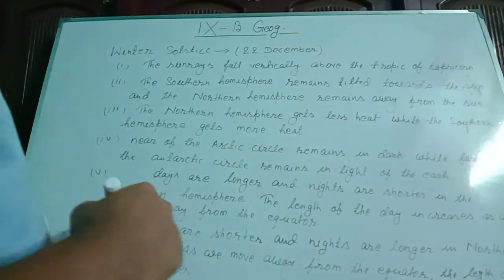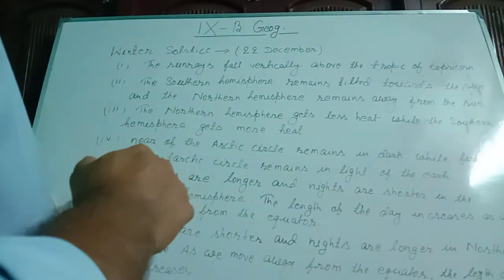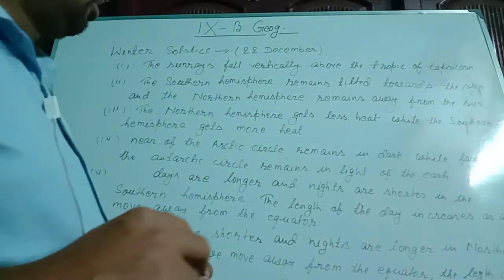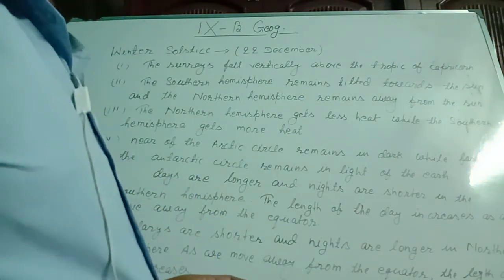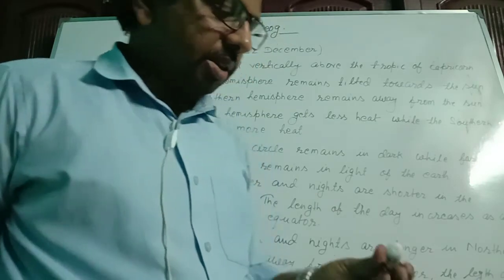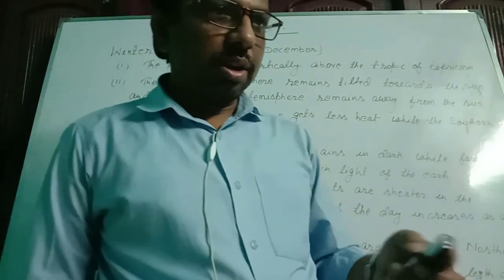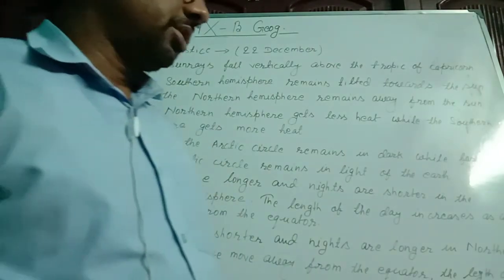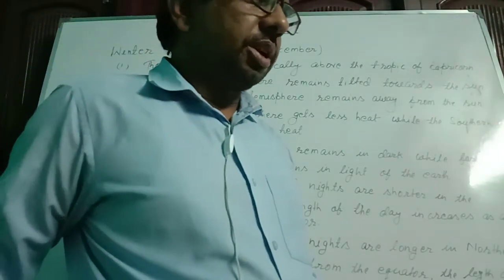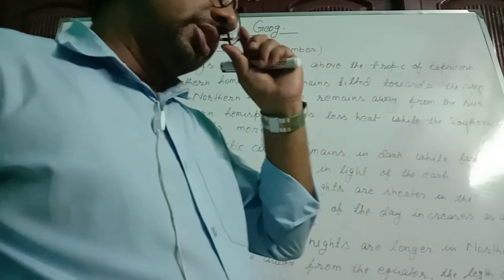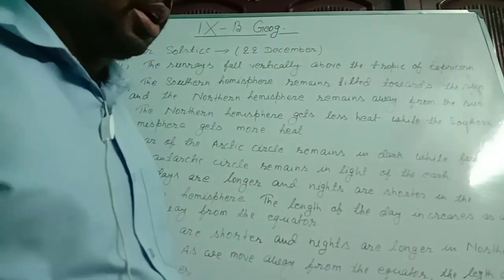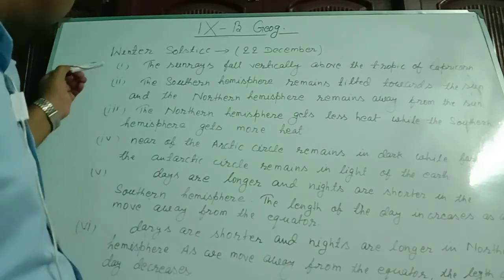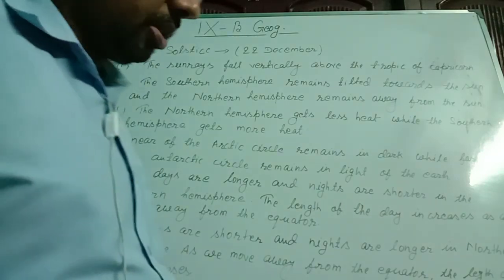These 6 phenomena. So overall, what are we seeing? In summer solstice, the northern hemisphere experiences summer and southern hemisphere experiences winter. But in winter solstice, the northern hemisphere experiences winter and southern hemisphere experiences summer. And there are these 6 features of winter solstice.